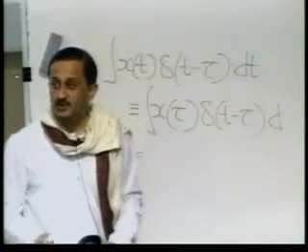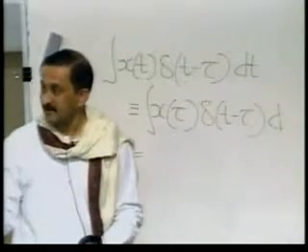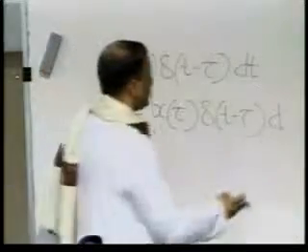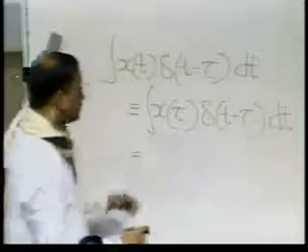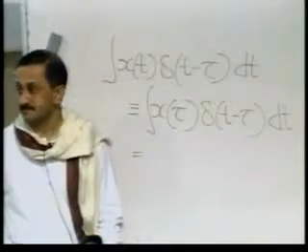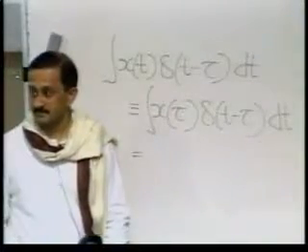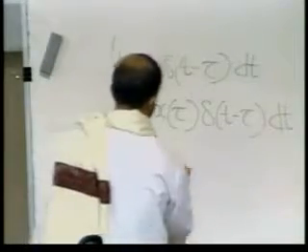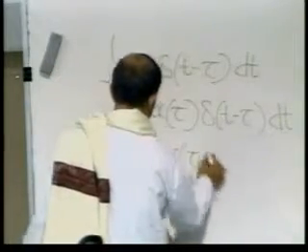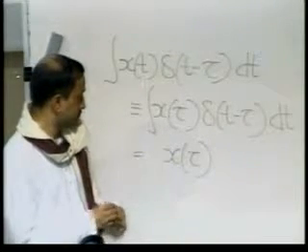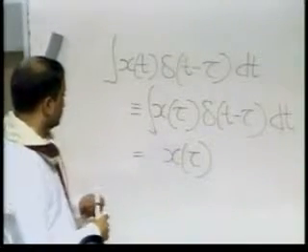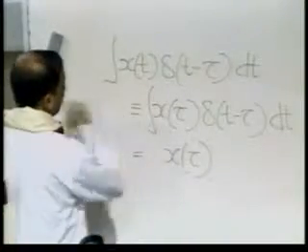Now if you choose tau as a fixed number, then if you integrate with respect to t here, what would you get? You would simply get x of tau, because this could come out, you see.